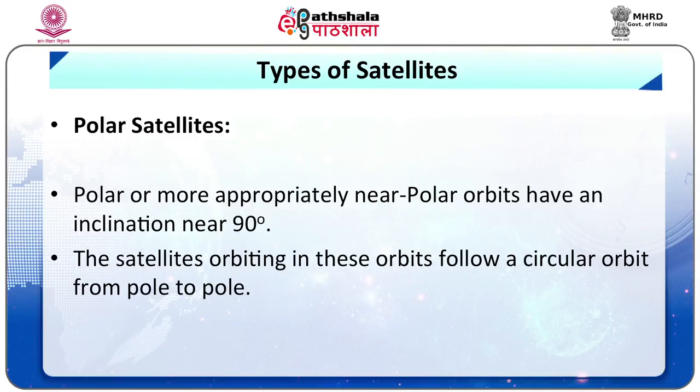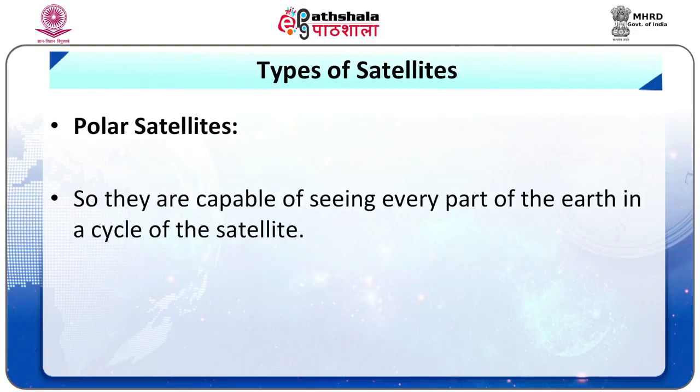First, the polar satellites. Polar or more appropriately near polar orbits have an inclination near 90 degrees. So, satellites in these orbits follow a circular path from pole to pole. So, they are capable of seeing each and every part of the Earth in a cycle of the satellite.